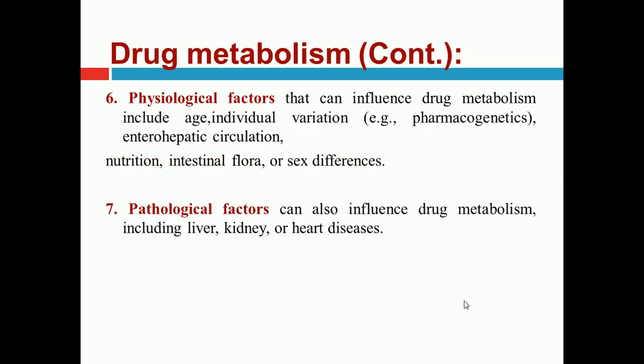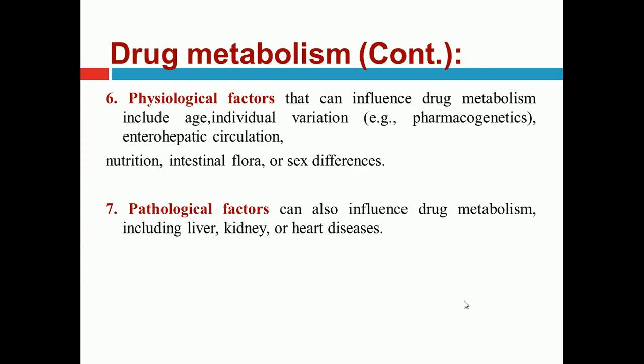Then there are physiological factors that can influence drug metabolism, like age, individual variation, pharmacogenetics, enterohepatic circulation, intestinal flora, or sex differences. Then we have pathological factors like liver disease. The major organ that metabolizes the drug is the liver.